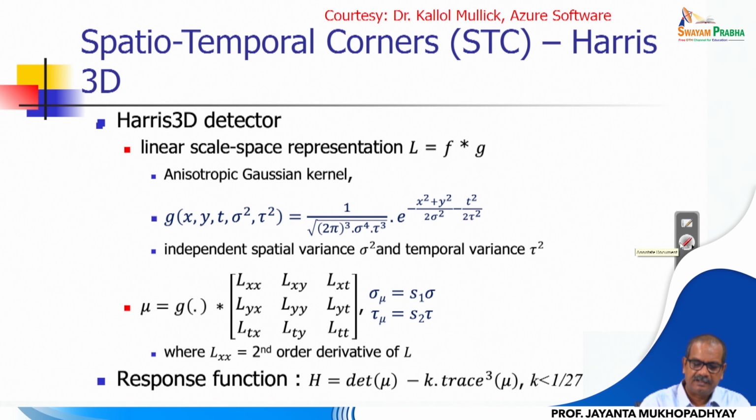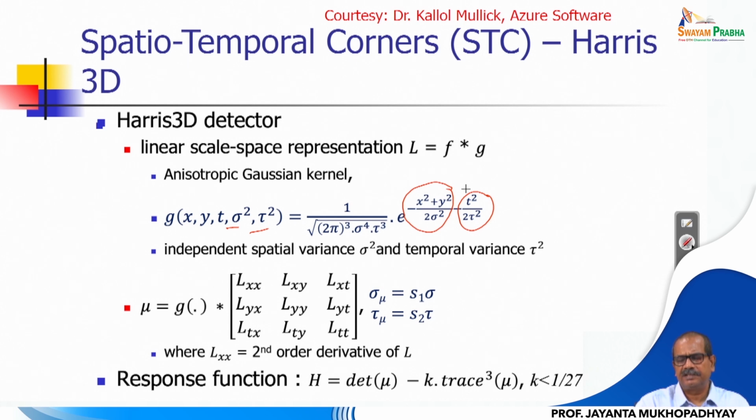There are two standard deviation parameters: one due to variation in space, and the other over time.